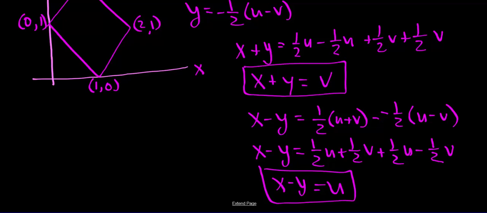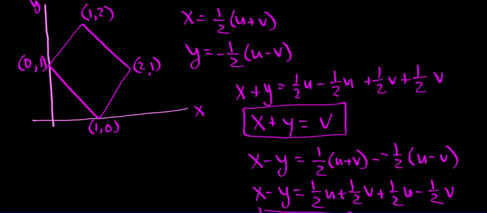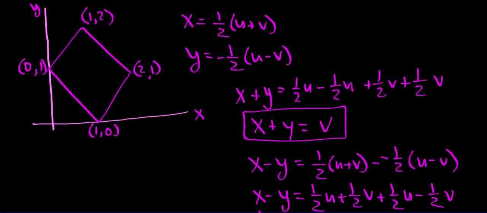Now, you may not know where I'm going with this. I'm sure you probably don't. But I've got this region right here, and I'm just going to do this transformation. I've got x equals 1/2 u plus v, y equals negative 1/2 u minus v. What I'm trying to do is go away from this xy axis to the uv axis with that transformation. Let me show you how it works.